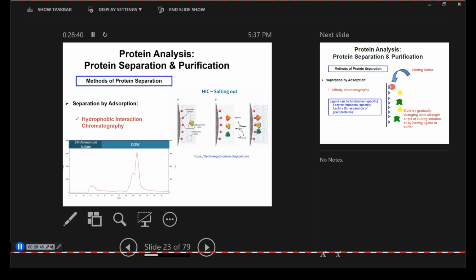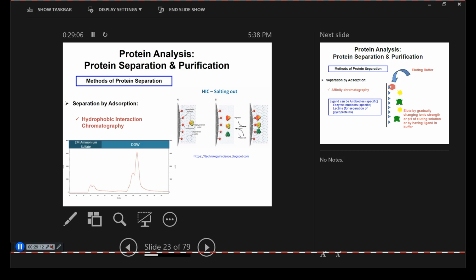All right, and then if we have multiple types of proteins in there and they vary in their surface hydrophobicity, the most hydrophobic will interact the most, and the least hydrophobic will interact the least. So when they leave the column, the least hydrophobic will leave the column first. The most polar on the surface will not really precipitate as much on your column.